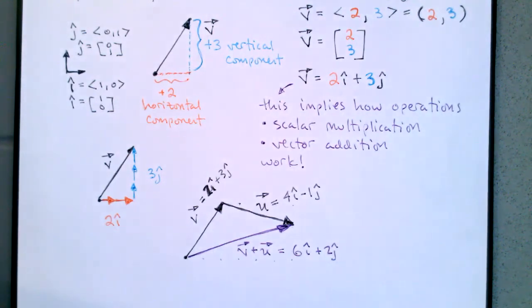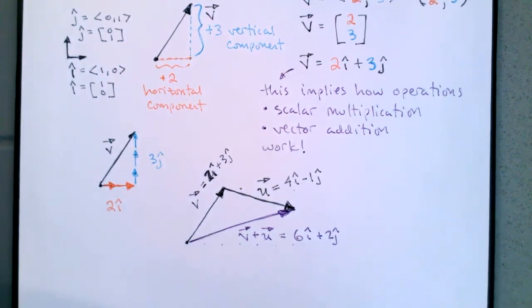So now, vector addition seems like a very simple operation. Notice that all we did when we added v plus u is to add like terms, because that's just how adding works. We only add things that are the same, and when we add them, it doesn't change what they are.